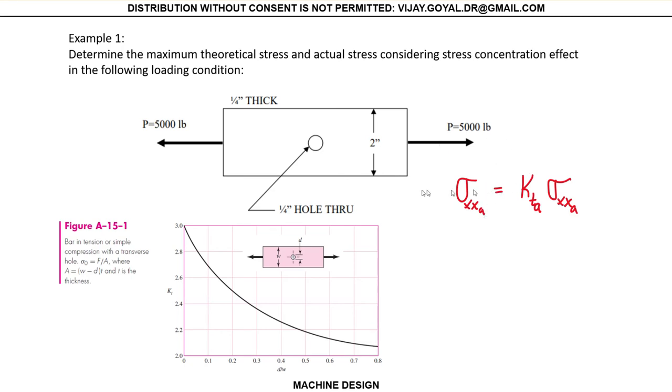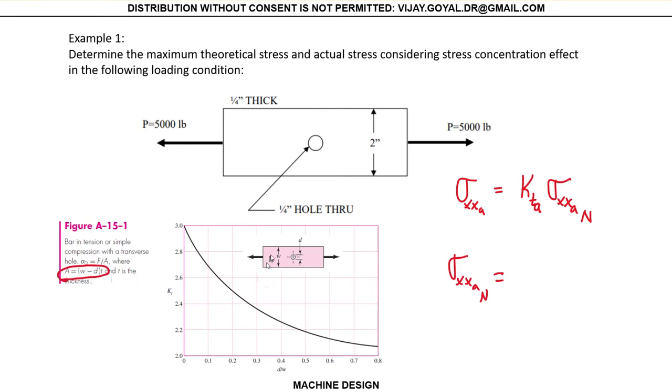So you have to go to your tables, A15, to see what the charts are there. These are the theoretical stress concentration curves, by the way. And you have to look at what this nominal or theoretical stress will be. So sigma xx nominal in this problem, the area is given by this.